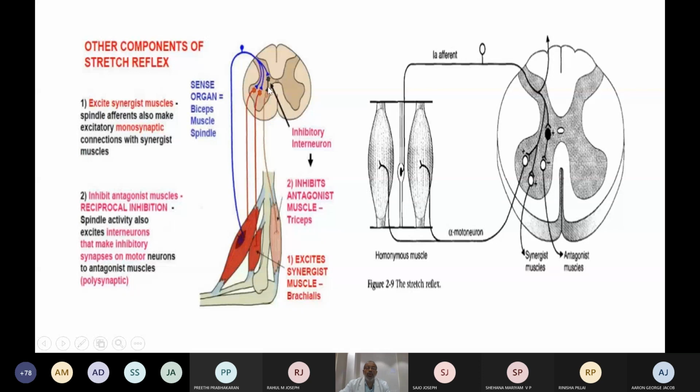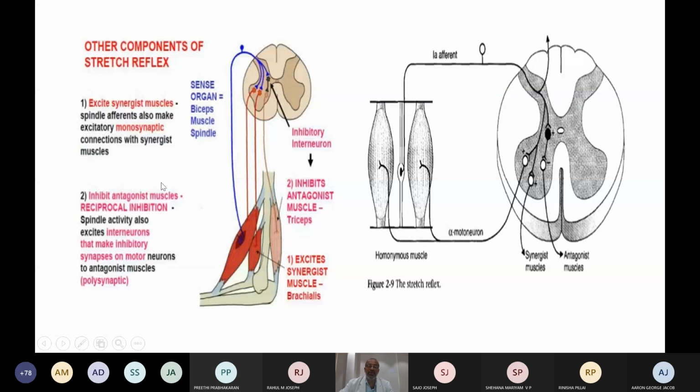So here, through the interneuron, inhibitory signals are being brought to the antagonistic muscle triceps. As a result of the inhibitory influence, the triceps relaxes, and there is a synergistic influence on the brachioradialis, which also shows contraction. It is going to enhance the activity of your biceps.